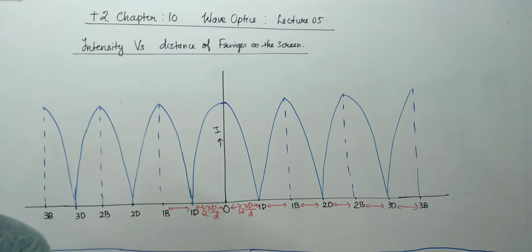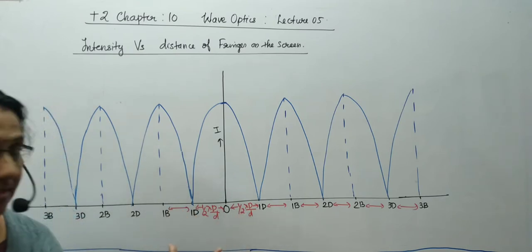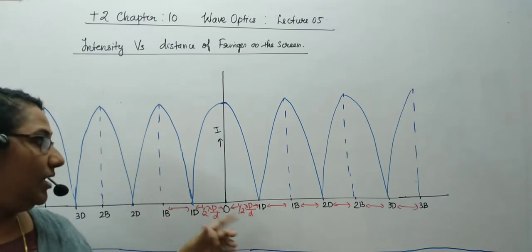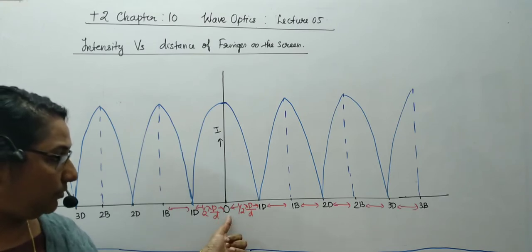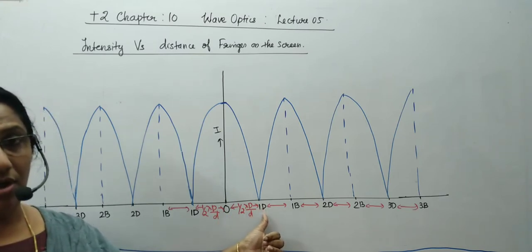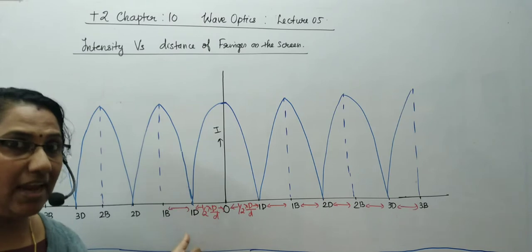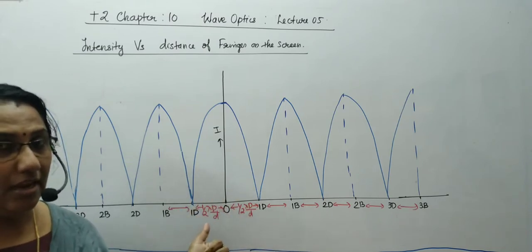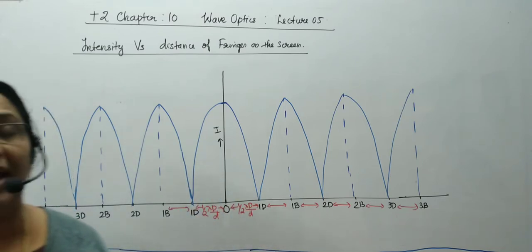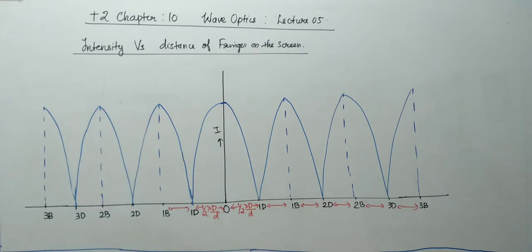If so, can you tell me what is the width of the central maxima? Have you plotted this graph? Yes, good. Central maxima ranges from the center to the first dark on either side of the screen. So how can you define this central maxima?